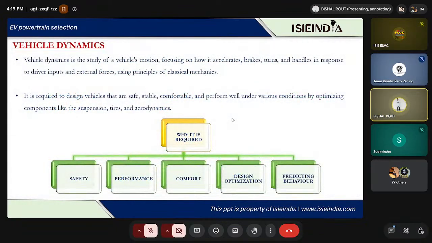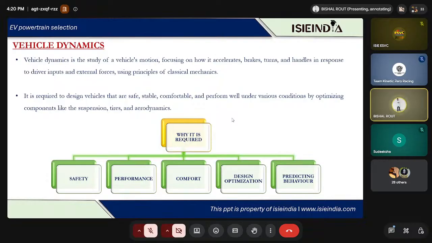Now let's understand what exactly vehicle dynamics is, and why it is very important. Vehicle dynamics is the study of a vehicle's response to forces, driver inputs, road conditions, and environmental disturbances.